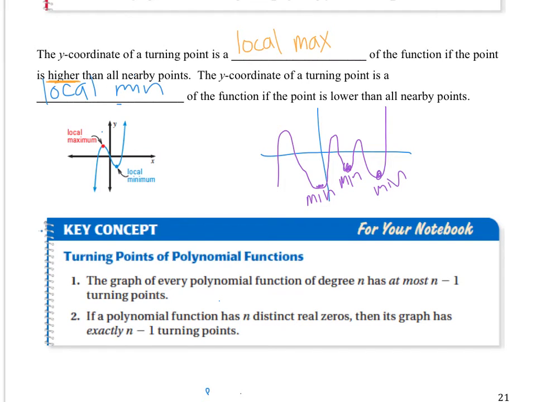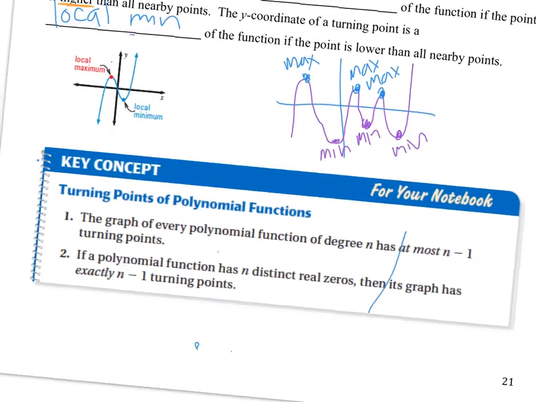And your maxes would be these three. So those are your turning points of the function. They're going to be important when you guys are trying to identify what degree this polynomial is. So that leads us to our next concept.